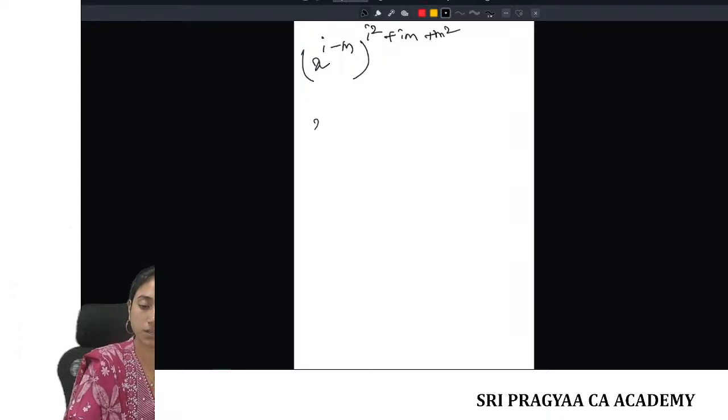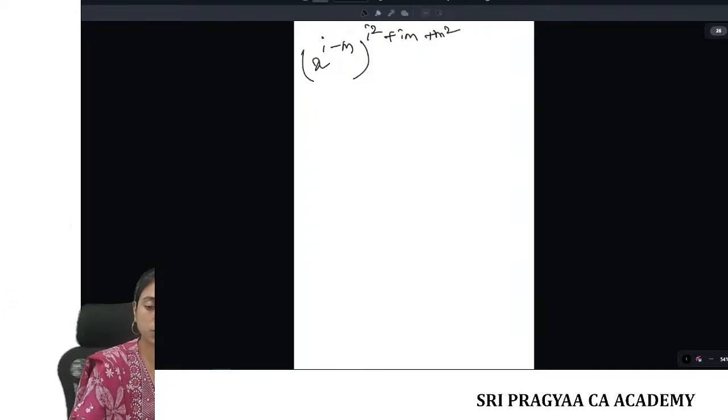Now if I multiply, I mean let's rule out x for a moment. So just இது மட்டும் multiply பண்றேன். I cube minus, that you're getting right. Okay.